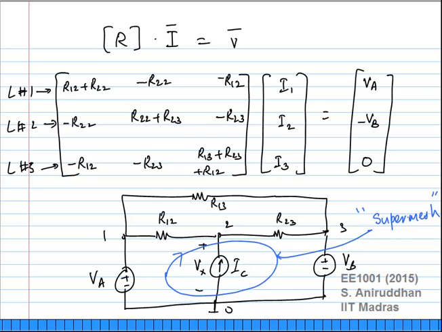In this direction, the current would have been I2 minus I1. I am still going to define my loops like this as I1, I2, and I3. The additional constraint I get is that IC is equal to I2 minus I1.